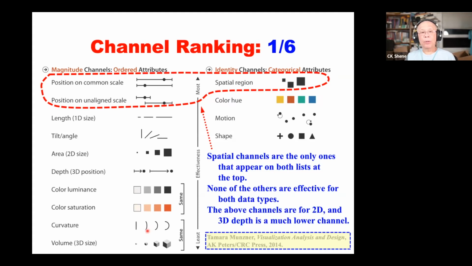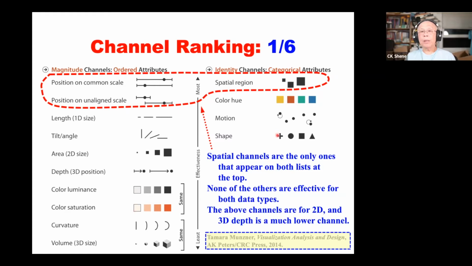And finally, 3D volume is just an extension of the 2D size. So always remember, for showing magnitude channels, the most effective ones would be position on common scale and position on unaligned scale. The remaining ones are not very effective. So these are the rankings for magnitude channels.